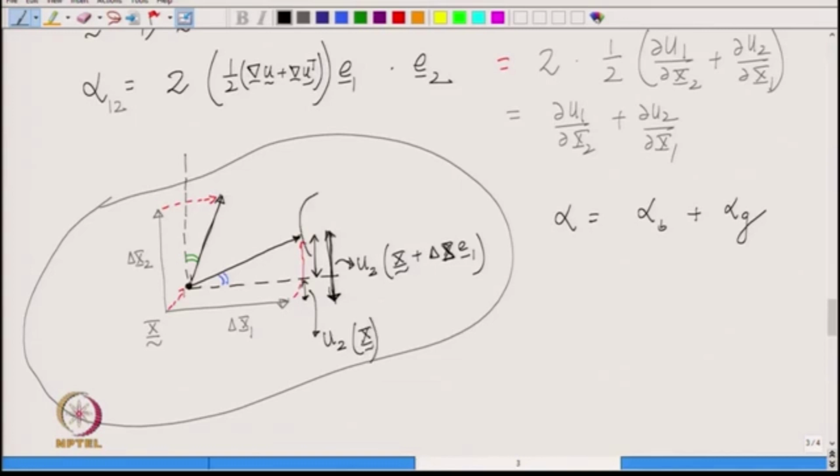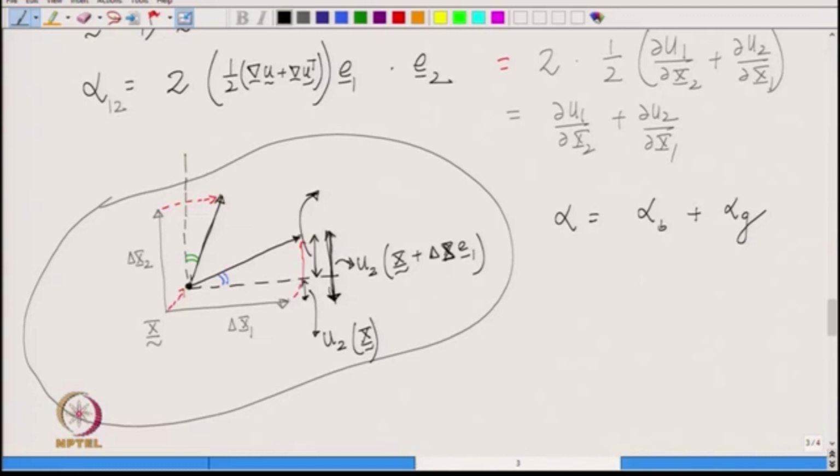So, this length is the difference of the two. What can you say about alpha blue then? If it is really small, then alpha blue is simply the height divided by the base.